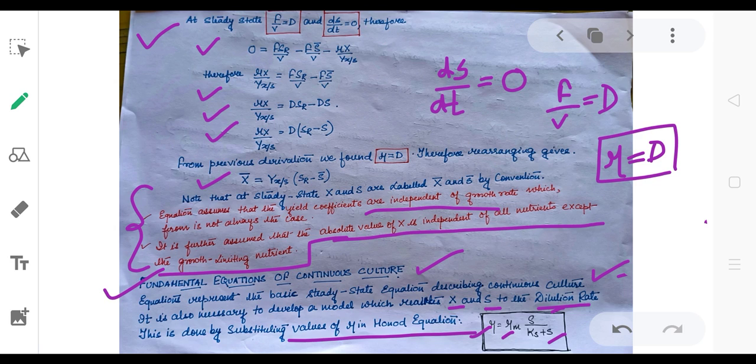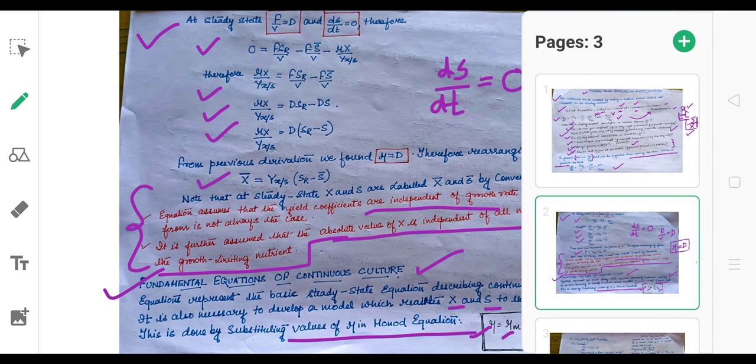So S is the substrate concentration, Ks is a kinetic constant, and μm is the maximum growth rate. So μ can be related to the substrate concentration, a kinetic constant, and your maximum growth rate. Now how will you relate x and S to your dilution rate? Let's see.